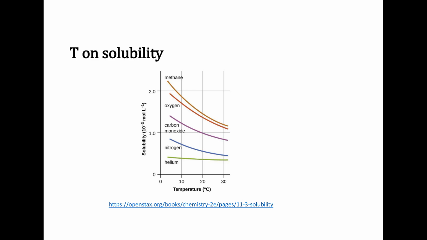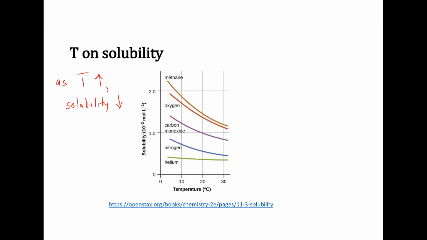Here's a graph of the solubility of gases in liquids. And what we'll see is that for methane and all of these gases, as our temperature is increasing, the solubility is decreasing. So why might that be? Well, we're going to start to overcome interactions between gas molecules and solvent molecules.